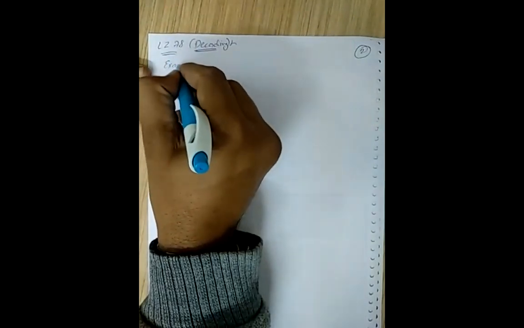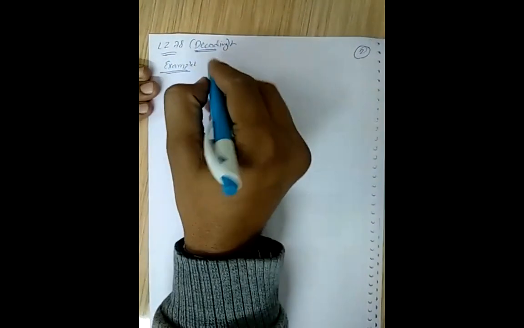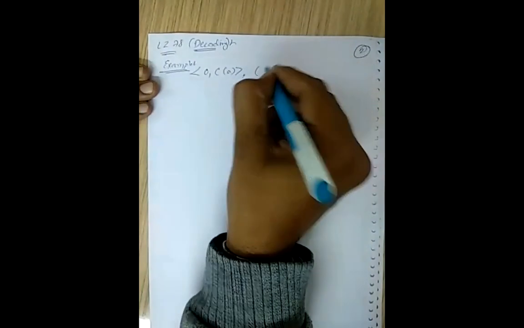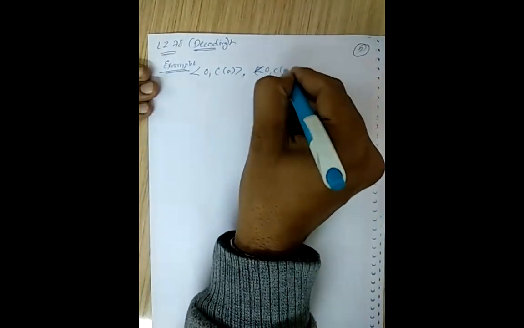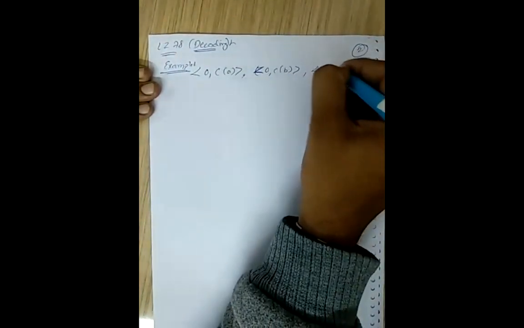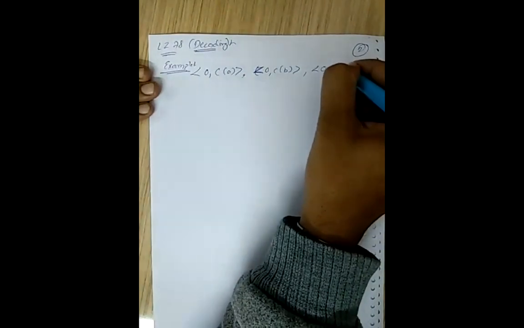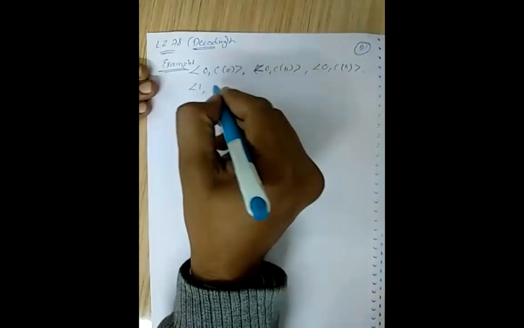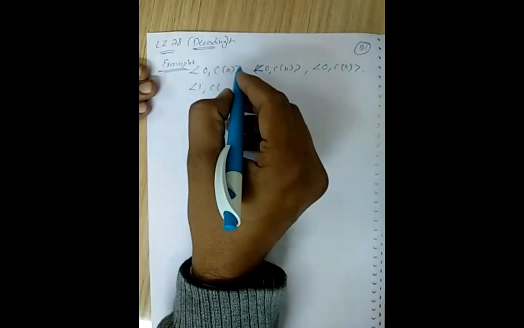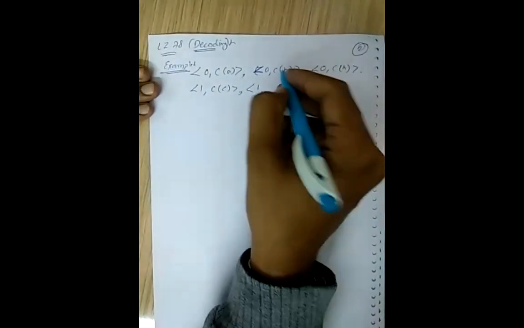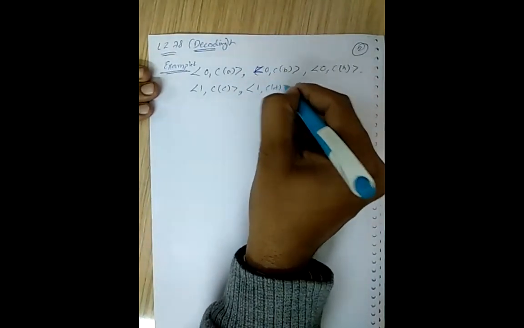So yes, in the example, you will be given the sequence in the form of angular brackets: 0, C of A, 0, C of B, 0, C of R, then 1, C of R, then 1, C of C. And in exam again you will find such kind of doublet, nothing else. और कुछ भी नहीं मिलेगा.